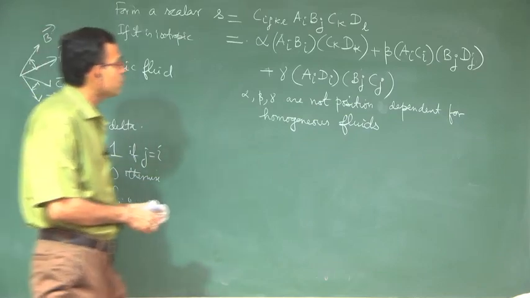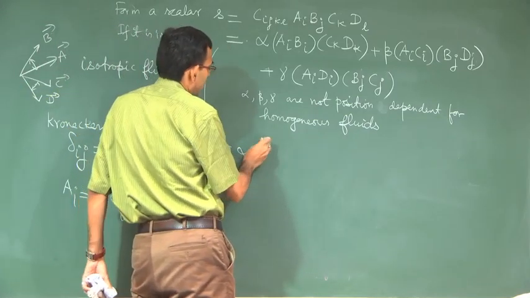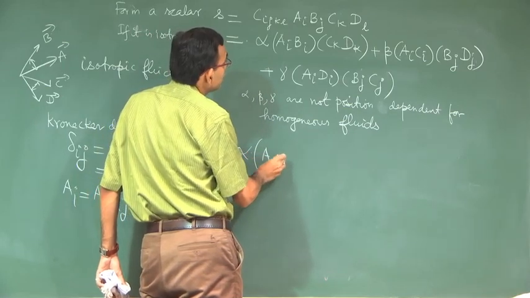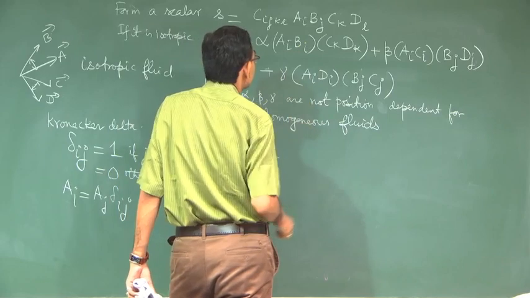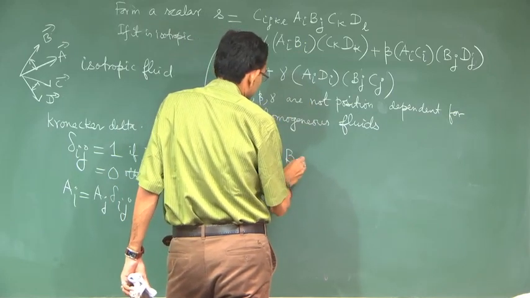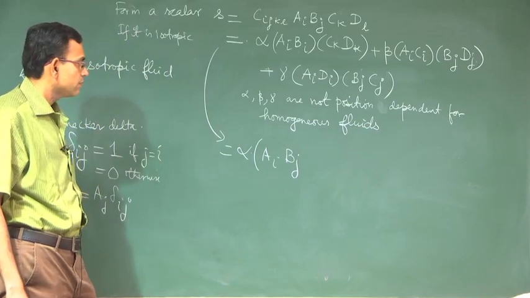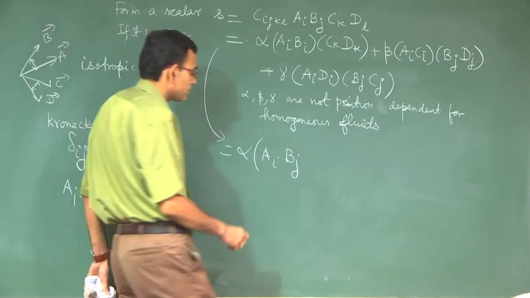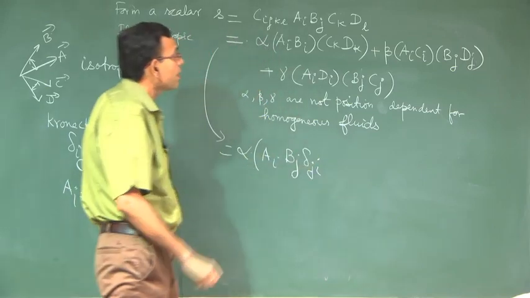So with this one you can write this as Ai. If you want to make it Bj, with what will you multiply?